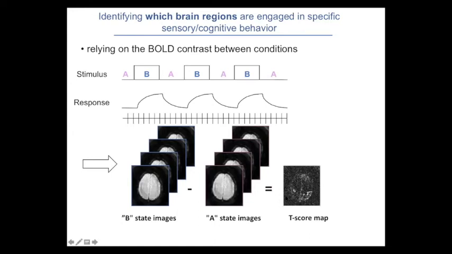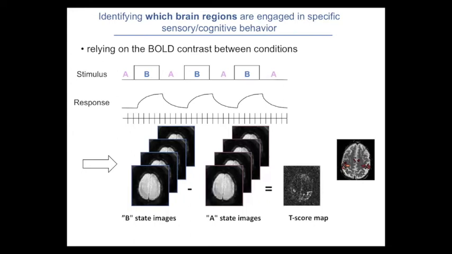Then we get a statistical map, and regions demonstrating significance, we consider to be related to the task. That's what you commonly see in fMRI publications: those colored regions highlighting the task-related regions, overlaid on an anatomical image. So this is just an oversimplified representation of the concept, of how we imagine which regions are activated by the task.